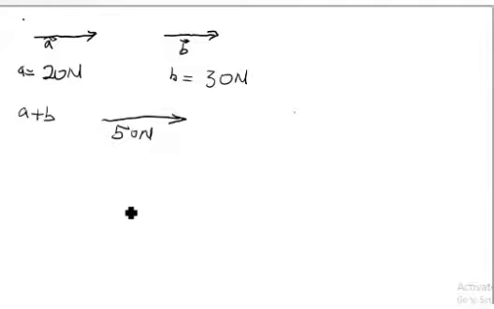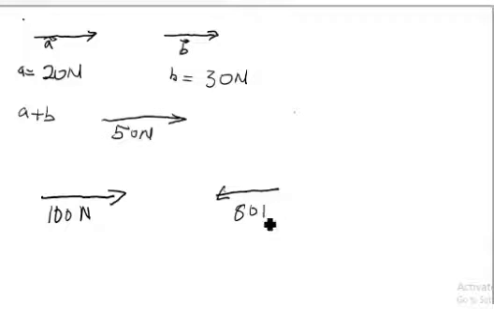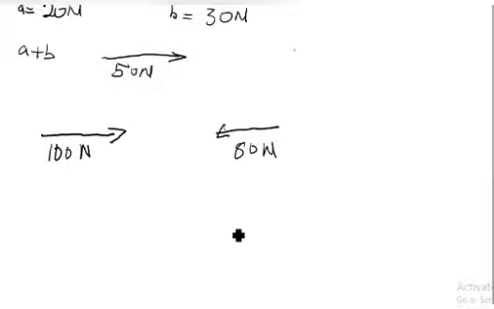Let's take another one that is not in the same direction. Let's say I have a vector of 100 Newton, and I'm going to add it with a vector that is 80 Newton in the opposite direction. 100 Newton is higher than 80 Newton, so it's going to give you 20 Newton.